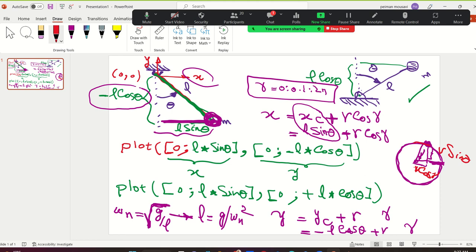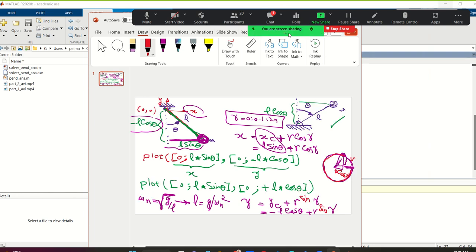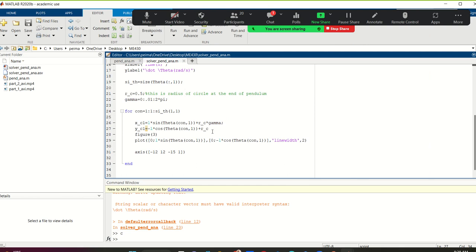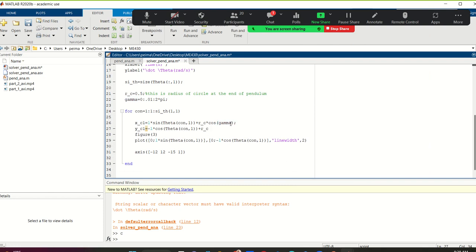On the other hand, we are circulating this point like this. Okay, sine gamma. Please fix this. So it's gonna be r cosine gamma, and this is gonna be RC sine gamma.